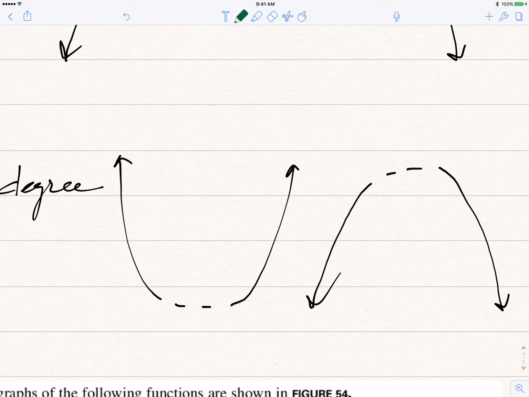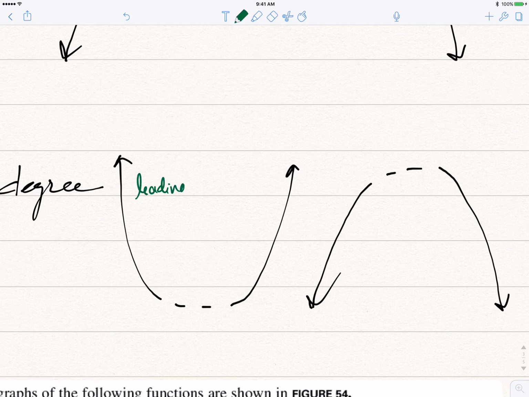If my highest power is 2, 4, 6, 22, if my highest power is an even number, then both ends are going to go up or both ends will go down. There might be a whole lot of things going on here in the middle, but we don't really care about that stuff. We really only care about what's happening out on the ends. And we know from the quadratic that both ends go up when my leading coefficient is positive.